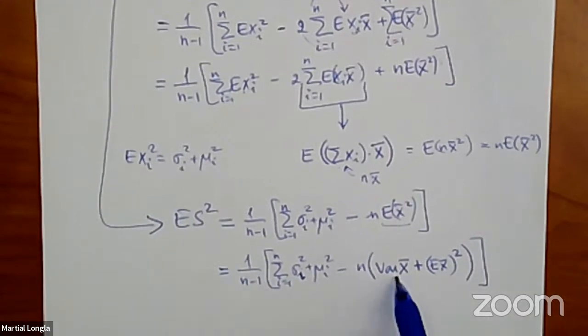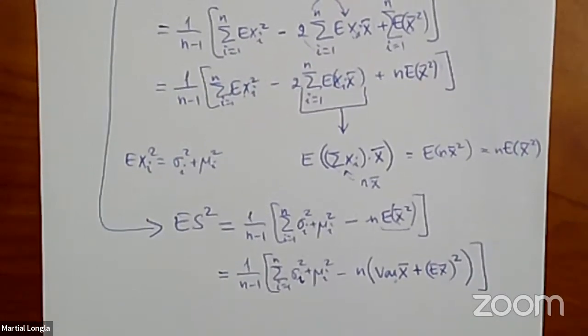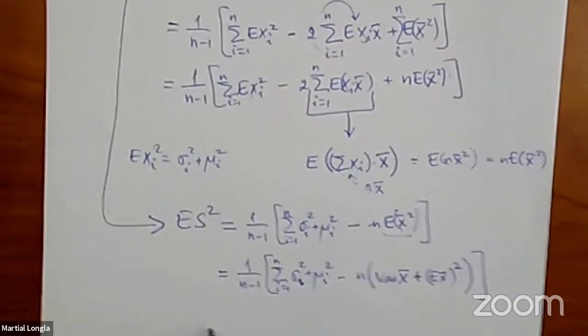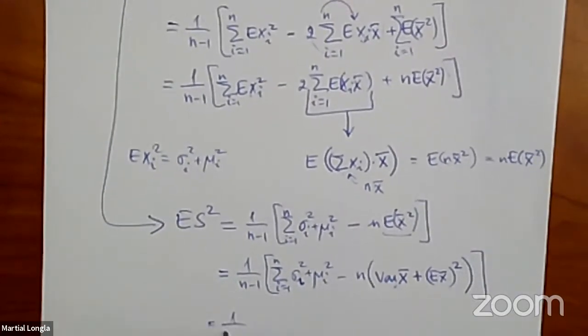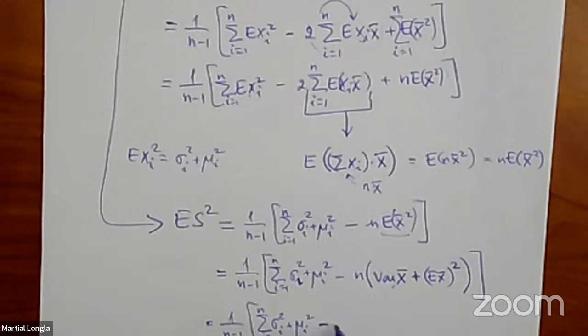The variance of x bar we computed on the previous page as 1 over n squared times the sum of the variances.